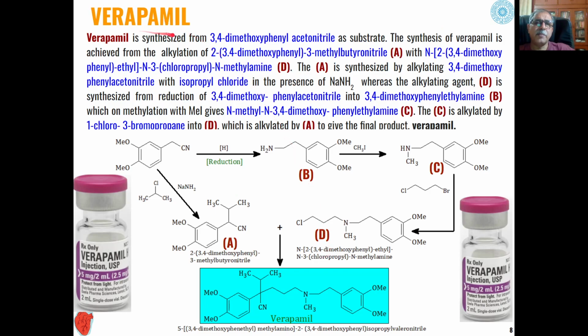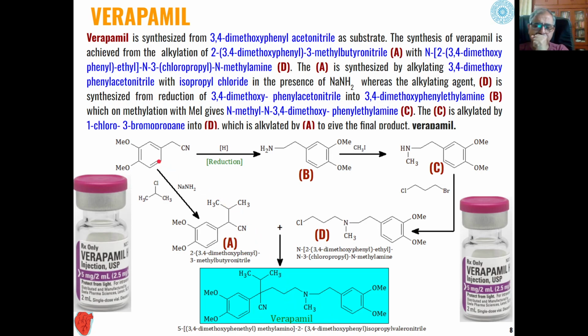Then is Verapamil. Verapamil is again used in the form of injections for cardiovascular diseases, and this is synthesized from 3,4-dimethoxyphenyl acetonitrile as the substrate. So this substrate undergoes two types of reactions, and this leads to the formation of two derivatives which combine with each other to give us the Verapamil drug.